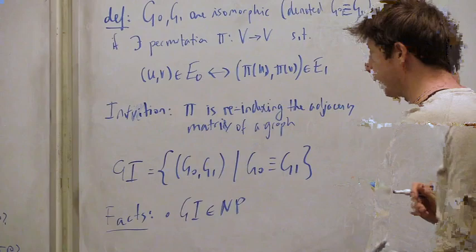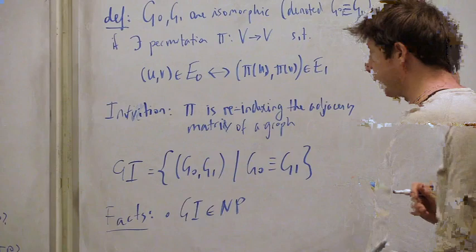Now, it doesn't mean that GI is NP complete. There is lots of evidence that GI is not NP complete. Weird things would happen if it was NP complete. In particular, there is an algorithm that is almost polynomial time, so-called quasi-polynomial time, for GI.